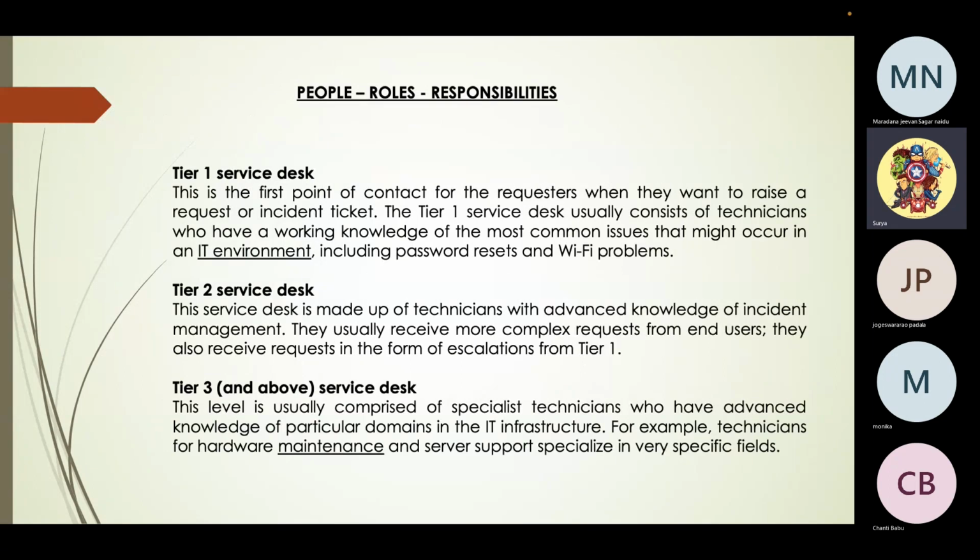And these are the people who are there in the incident management process. Not only the incident managers, there are plenty of people who will work hand in hand, meaning they will work together and resolve the issues. There are three types of service desk.